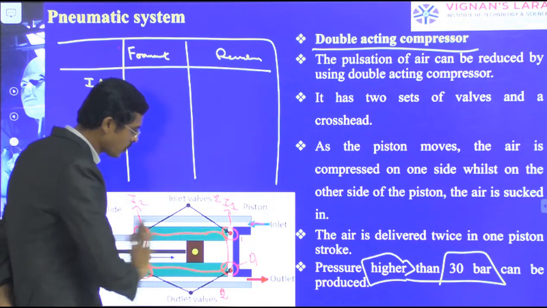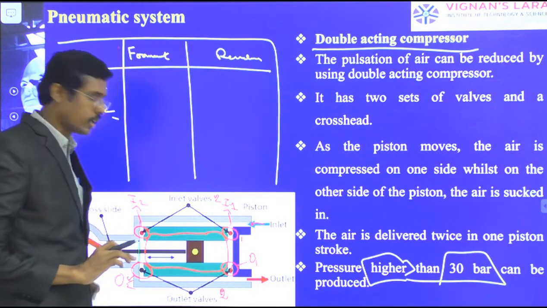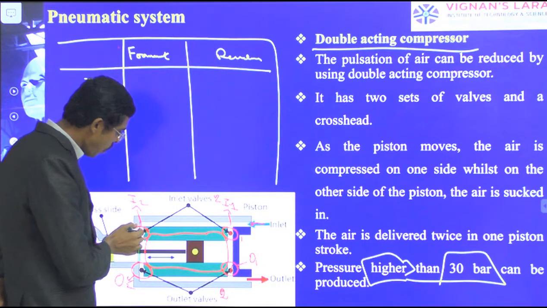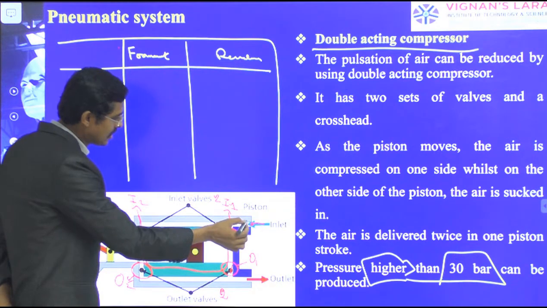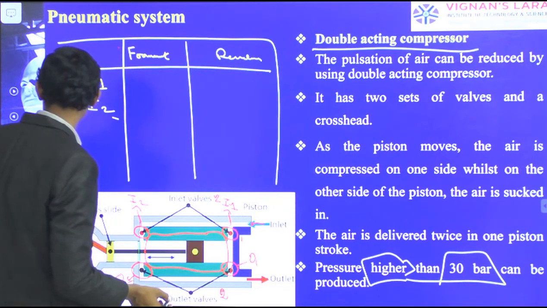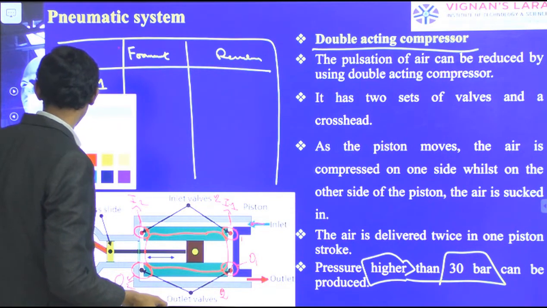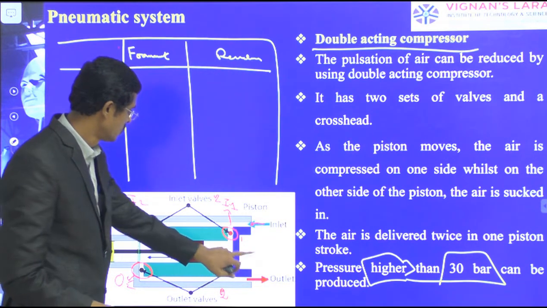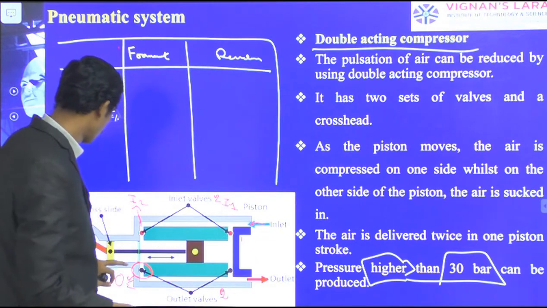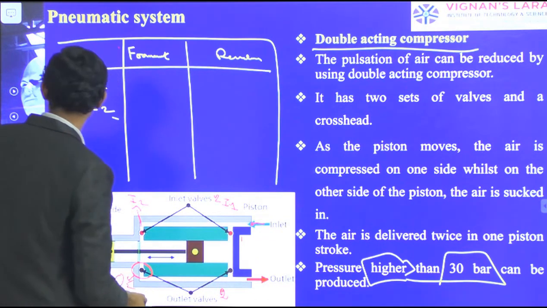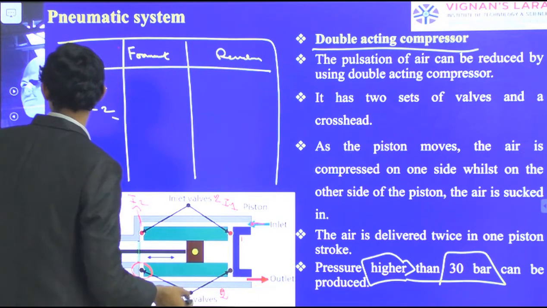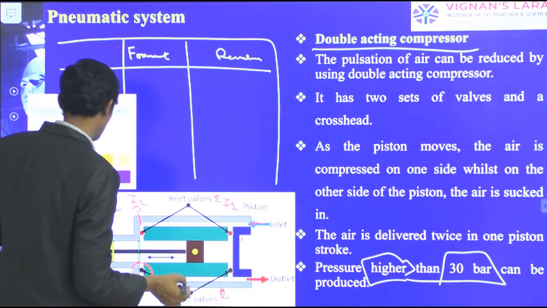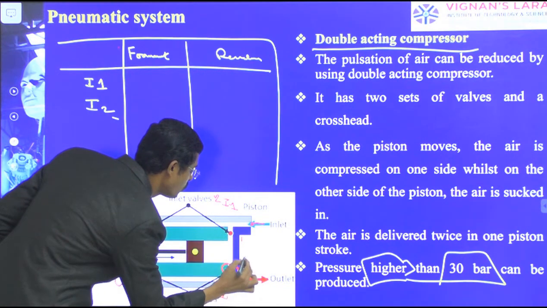Now you see, at the forward stroke, when I am pressing here, the air is going to come in through this inlet. So we can remove all these markings first. Now it is okay. I have marked this as output 2.